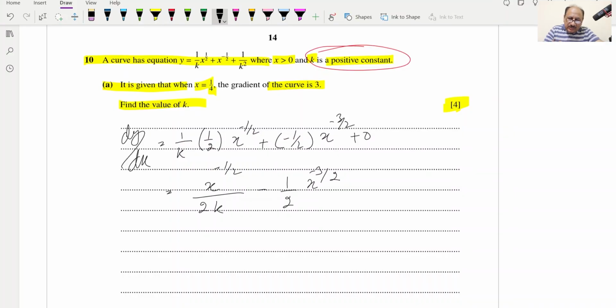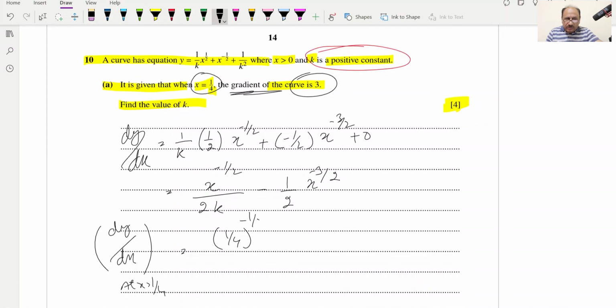Now they are saying the gradient, which is the derivative, of the curve is 3, so we can equate it at x equal to 1/4. So first we'll find dy/dx at x equal to 1/4, and this will be equal to (1/4) raised to the power minus 1/2 over 2k, minus 1/2 × (1/4) raised to the power minus 3/2, and we know this is equal to 3, which is given in the question.